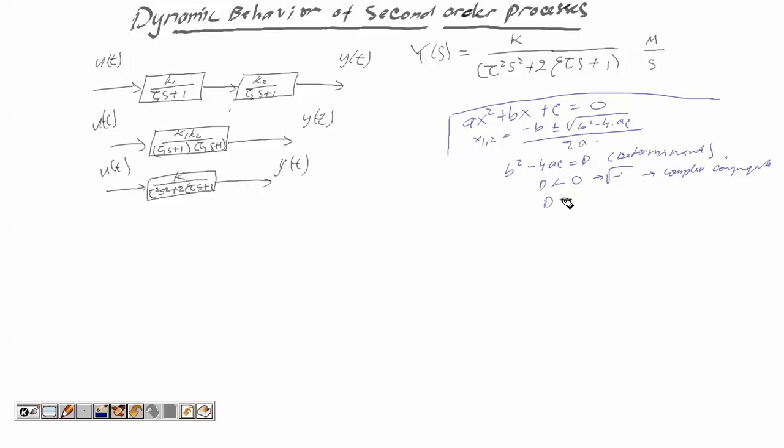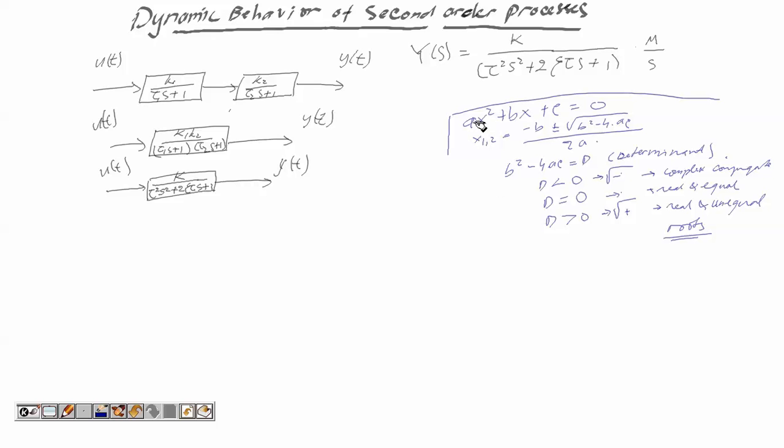If D is equal to 0, then the root is real and equal. And if D is more than 0, the square root of a positive, then the roots are real and unequal.